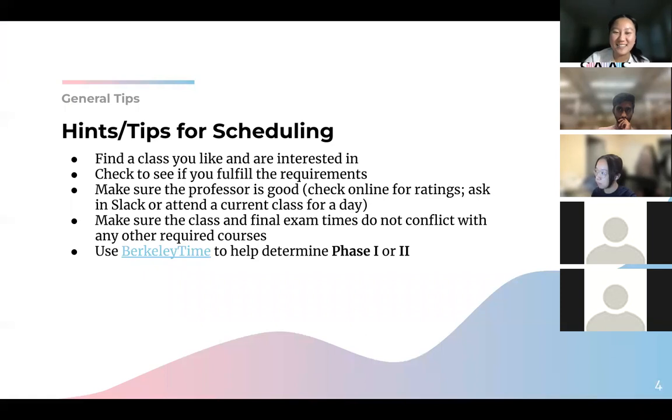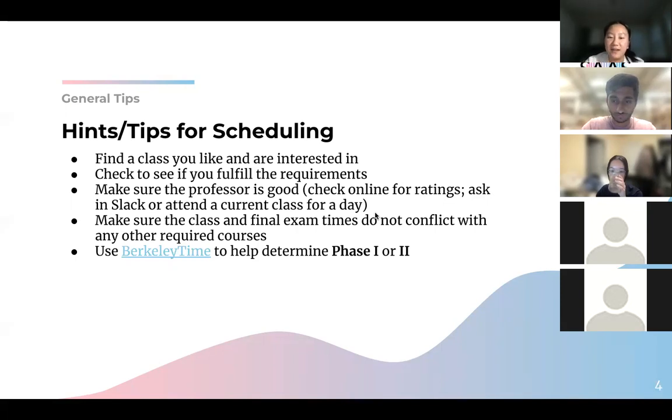Make sure the professor is good by either checking online for ratings, asking in Slack, or attending one of that professor's current classes for a day to see if you mesh with their teaching style. Also, in this session, we will give our opinions about professors' teaching styles where there has been a professor already assigned for that class. So this is also a good resource for that.